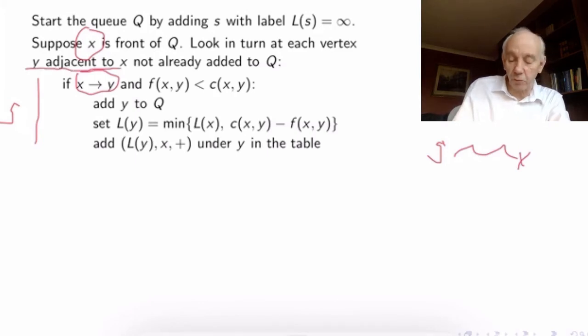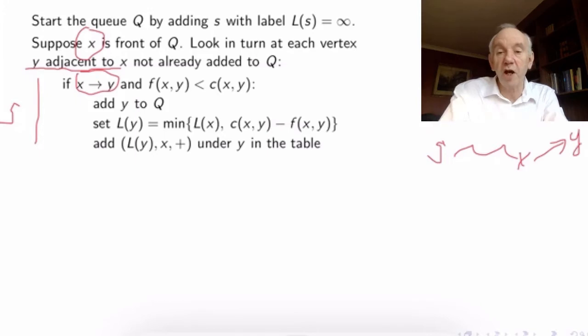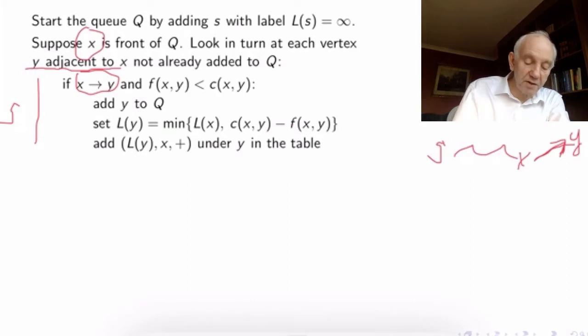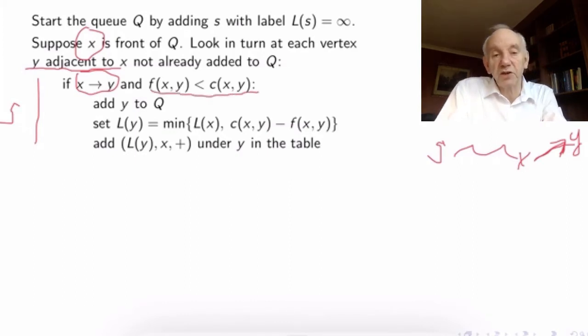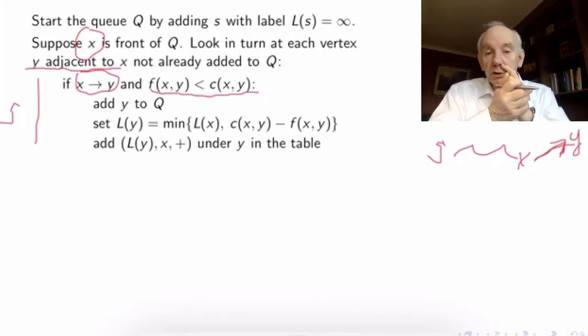That's what this is saying. So let's suppose that Y is adjacent to X. And in the first part of the algorithm, with this if here, we're supposing that the directed edge, the arrow, goes from X to Y. If that is the case, how can we get flow from X to Y? We need spare capacity. So assuming that we have spare capacity, that means the edge is not saturated, we add Y to the queue.